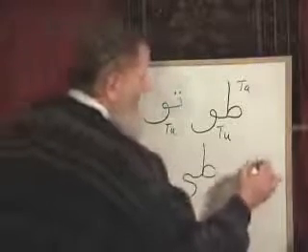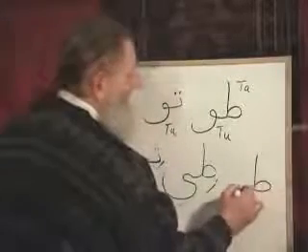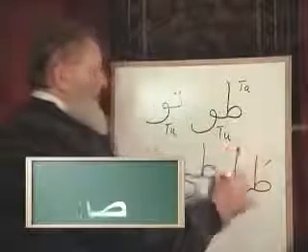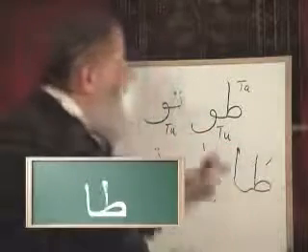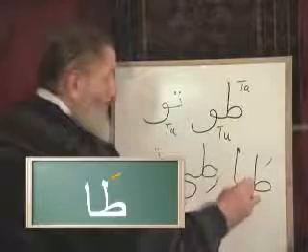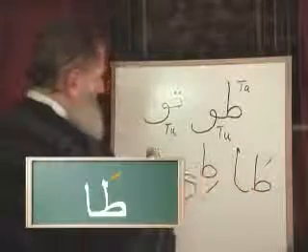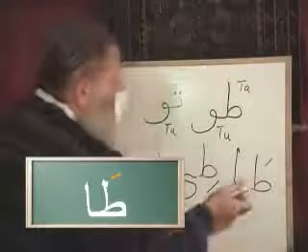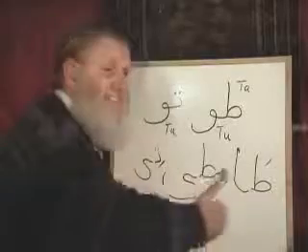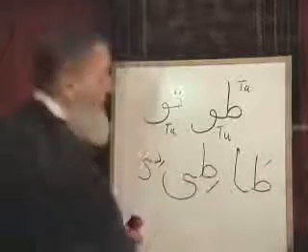Now, another one is when you have it like this and you go up. This is what? That's an aleph. Whenever you add one of these helpers that gives the sound to it, not only does it give the definite sound, it extends it out by one extra count.